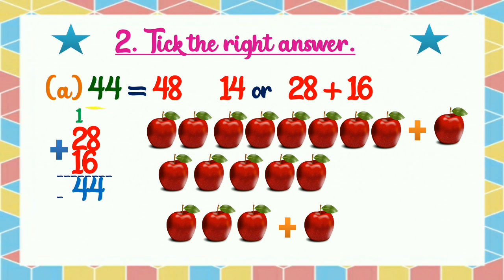So 28 plus 60 gives the answer 44. So here we see 44 is the right answer. So the right answer is 28 plus 60. This other one is not the right answer, but 44 is equal to 28 plus 60 is the right answer.